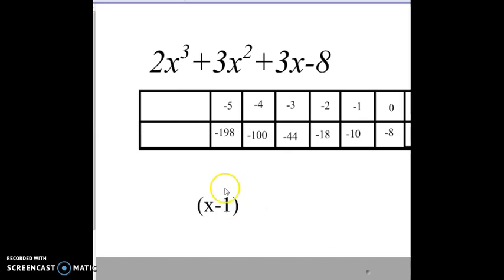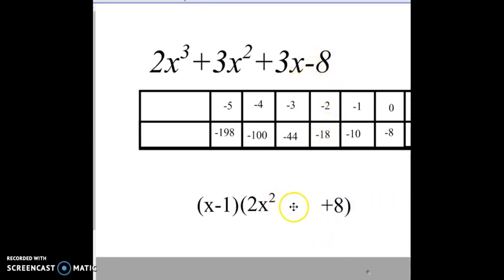So let's go about by saying, what do I have to multiply with x to get 2x cubed? I need to multiply 2x squared with x to get 2x cubed. Then I ask myself, what do I have to multiply with -1 to get -8? I must multiply +8 to get a result of -8.